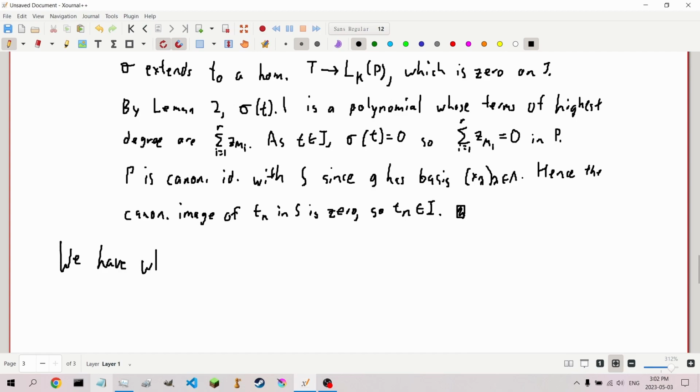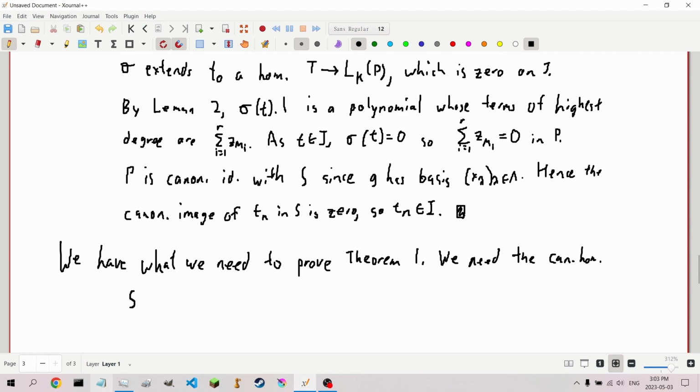So we have what we need now, finally, to prove theorem 1. We need the canonical homomorphism of the symmetric algebra onto the graded algebra to be injective.